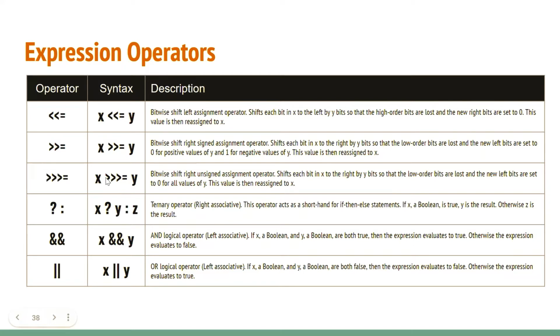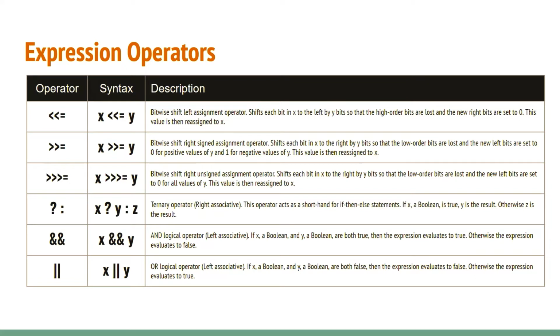This is the expression which we majorly use: x ? y : z. The ternary operator, right associative, acts as a shorthand for if-then-else statements. If x, a boolean value, is true, y is the result, otherwise z is the result.